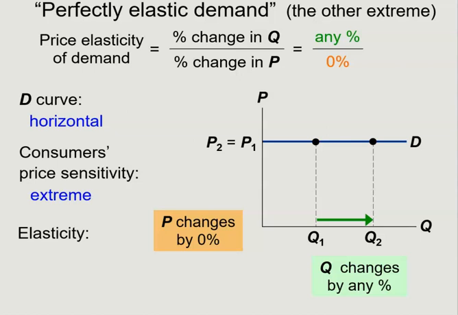Now I'll go back to the formula at the top of the slides. It will be any percentage change in quantity divided by 0%. But we know that 0 cannot be used as a denominator. So what we actually mean here is there's a teeny tiny change in price, but the change in quantity could be infinite, extremely, extremely large. So this ratio is going to be infinity.